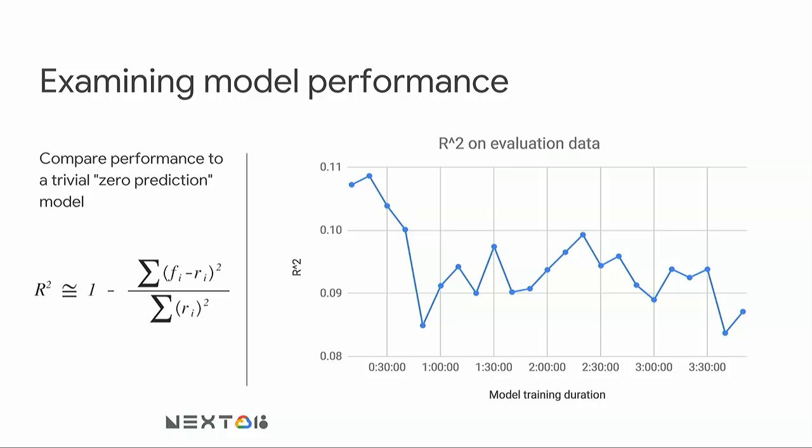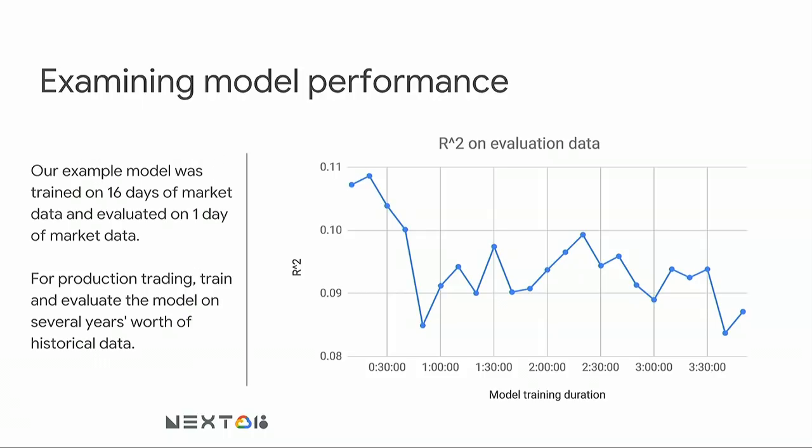R-squared is approximately 0.10 to 0.11 after the first 20 to 30 minutes of training, and then it declines to a range between 0.08 and 0.09, which is actually decent when you're predicting 5-minute intraday prices. But remember, this was based on a model trained on only 16 days of market data and evaluated on only 1 day of data.